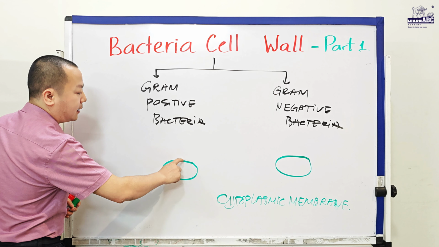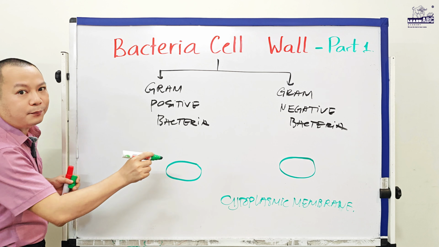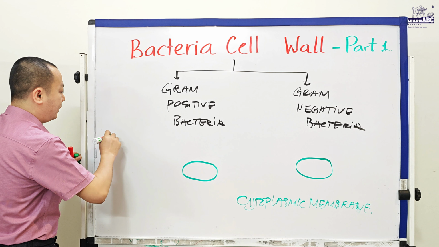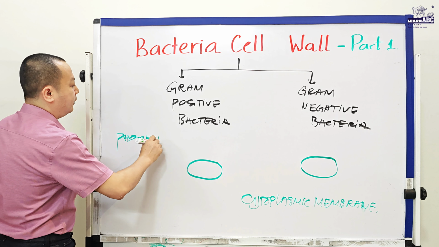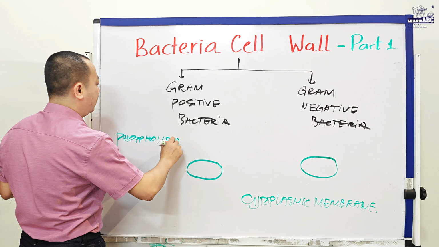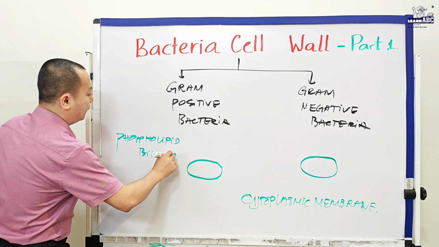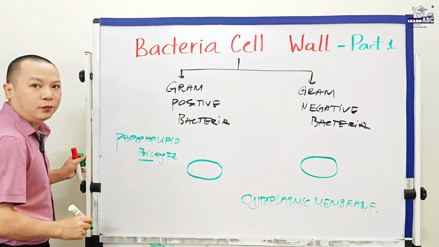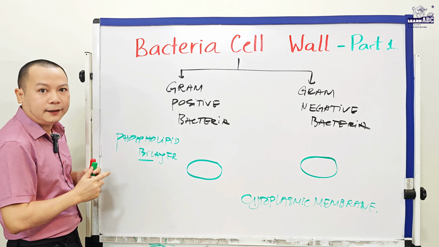This inside membrane is made of what? Phospholipid bilayer, same as the human cell. Bi means two, so two layers. And these two layers are made of phospholipid.